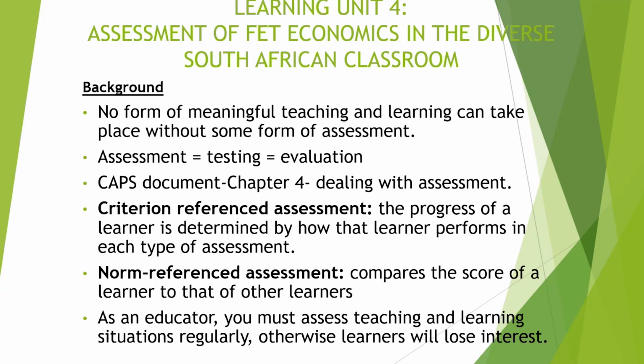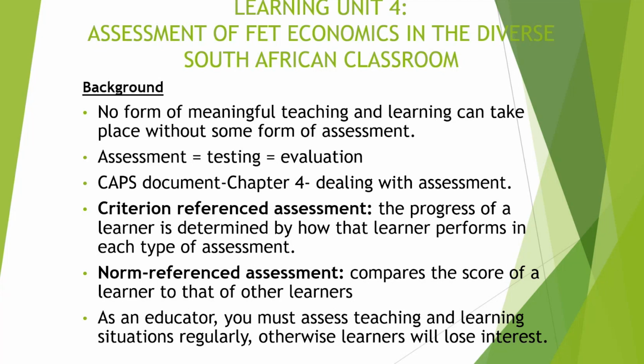For F.E.T economics, there are 7 assessments that are prescribed for the year. The first one is an assignment, and then a control test in term 1. In term 2, for example, it is a project, and then the mid-year exam. Every time a learner does an assessment, we must record how well the learner has done.